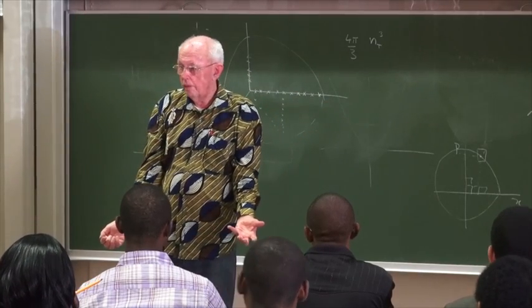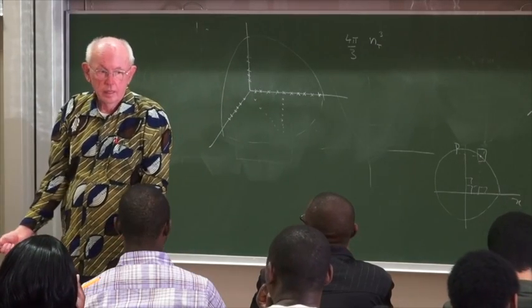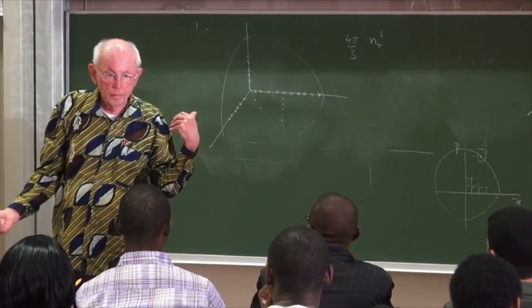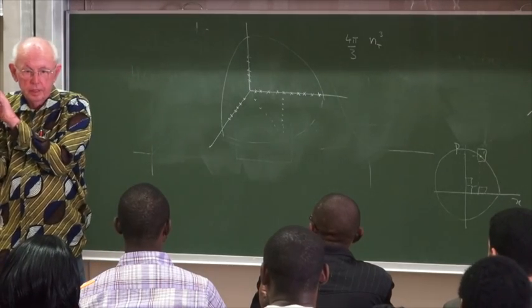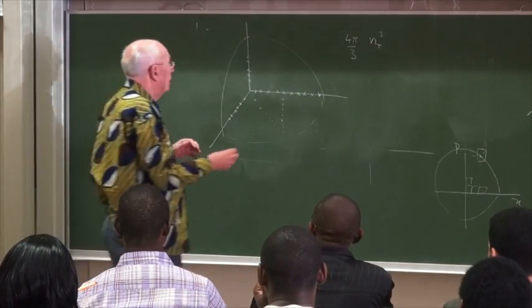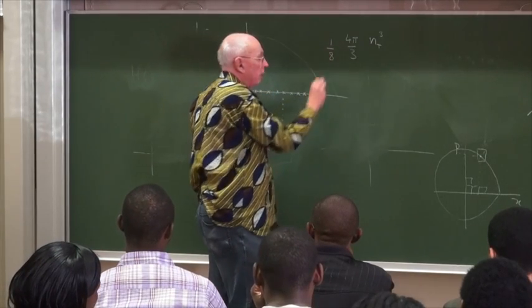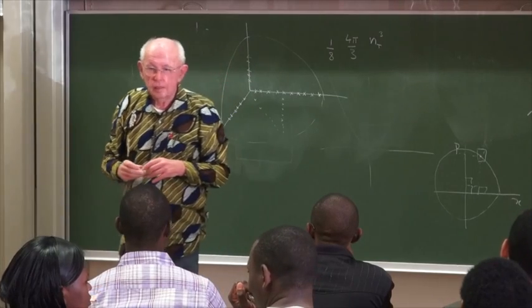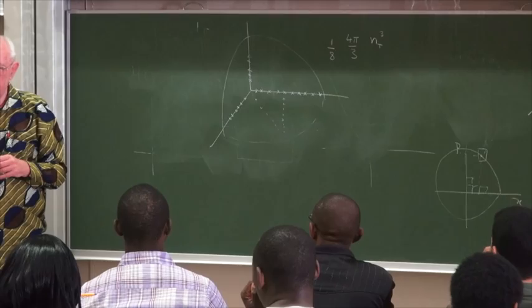But now I have also counted the negative ones, and I shouldn't do that. I should only count the positive section of it, and so I have to divide this by 8.